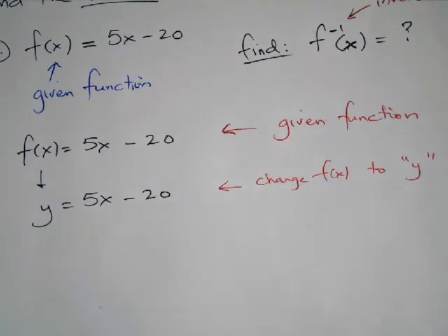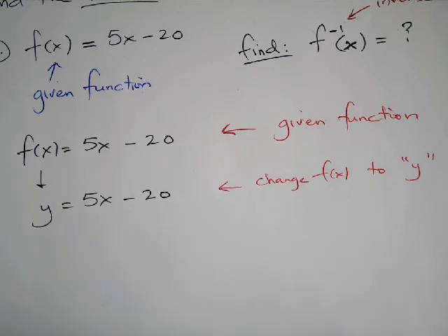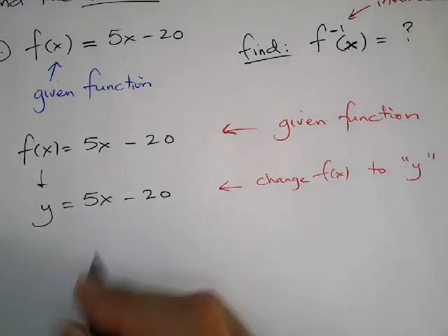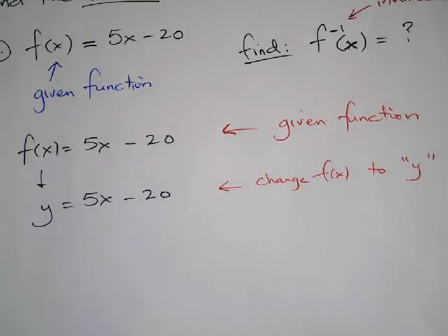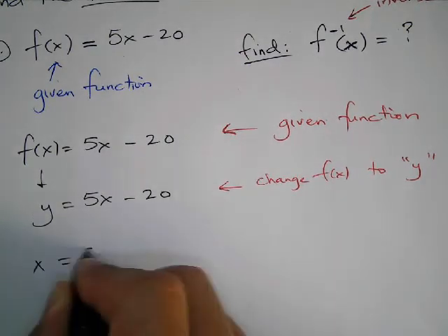Okay. Now here's the part where the inverse comes into play. And algebraically, it doesn't seem like it's a big deal, but when you see this graphically, it is. Okay. The next part, here's the big aha moment, is when you do this. Right? You have y equals 5x minus 20. Now you're going to do this.